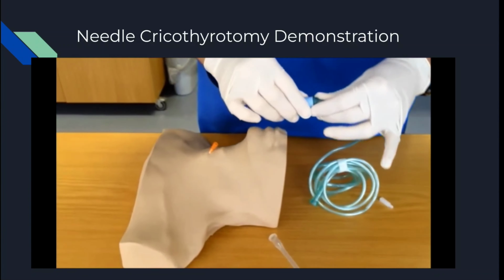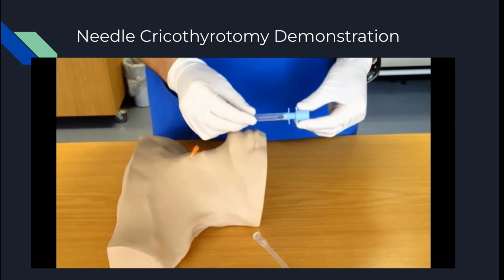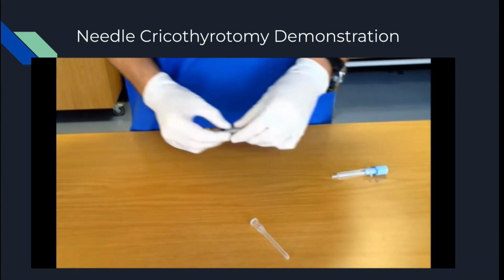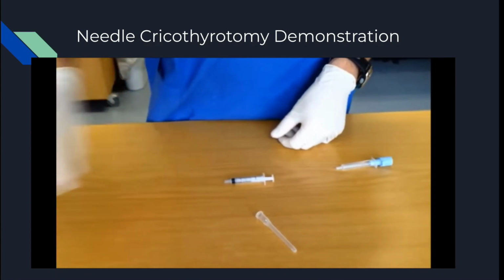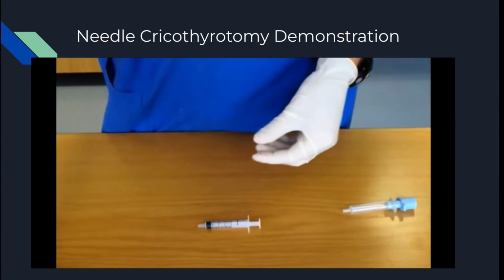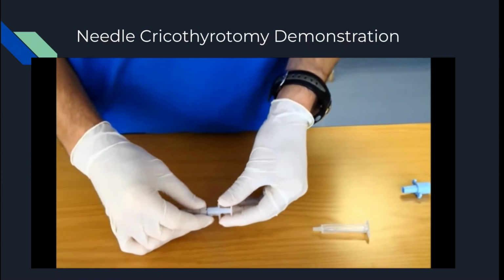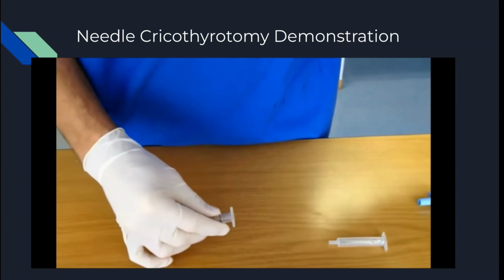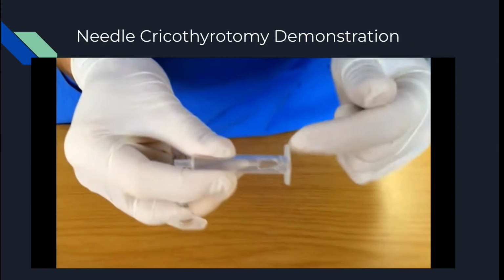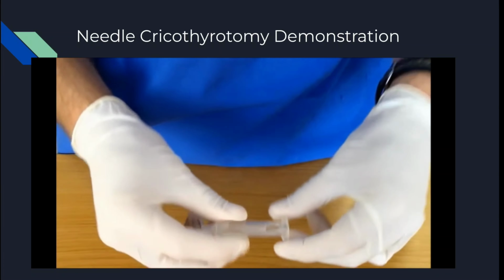In order to manufacture easily in your own unit the side port ventilation device such as this, follow the following steps. You will need a 2 ml syringe, and the connector port from the back of a standard ET tube. Remove the plunger from the 2 ml syringe. Use a blade or knife to cut a side hole in the side of the 2 ml syringe as shown.